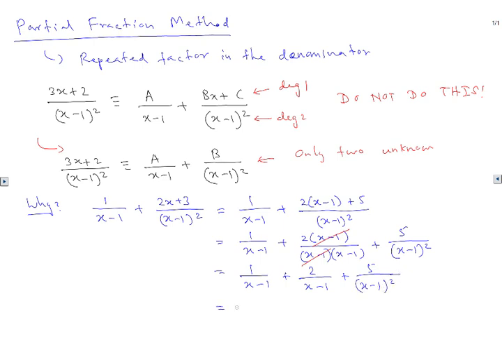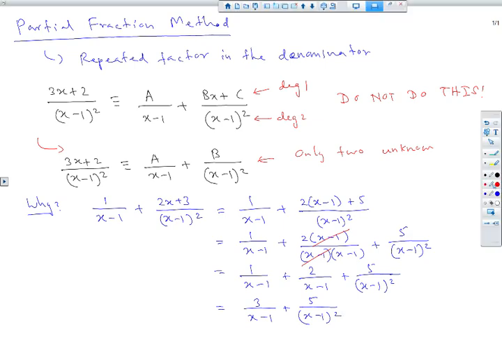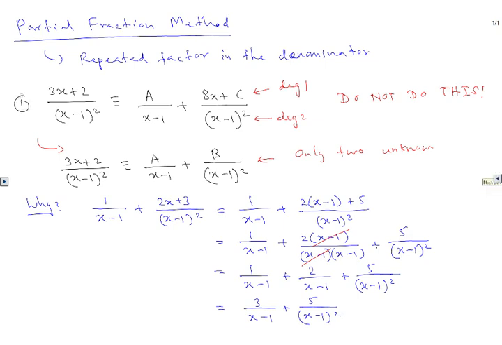Then if you combine, you get 3 over (x - 1) plus 5 over (x - 1) squared. Now you can see that you only need two terms here, so writing the fraction in the first form is unnecessary, because you can still get the same answer using only two unknowns.